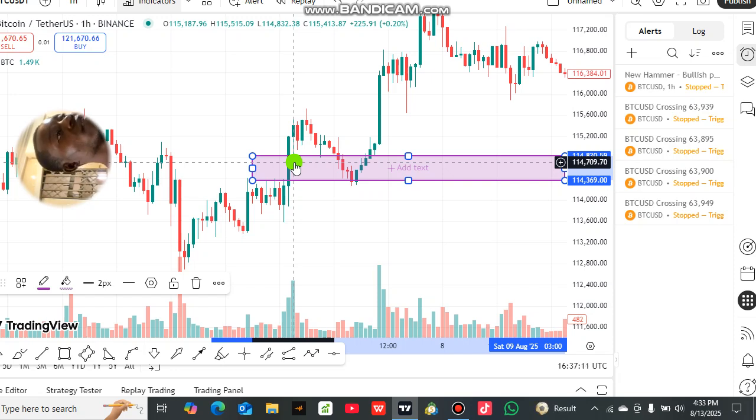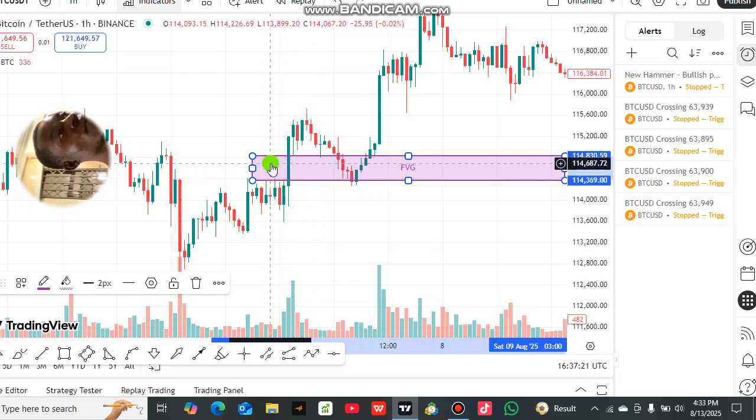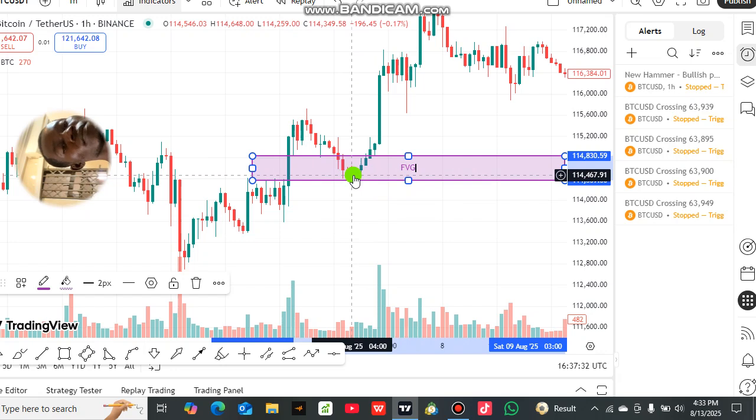And so this is what you call a fair value gap, FVG. So this area becomes our FVG. Now, after you've identified this area as your fair value gap, what next? Then you are waiting for the market to retest that zone, because you expect the market to retest that zone and continue with the trend.